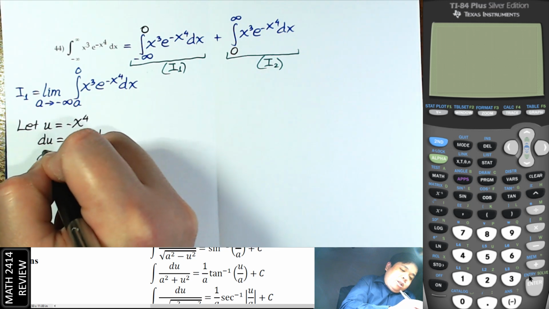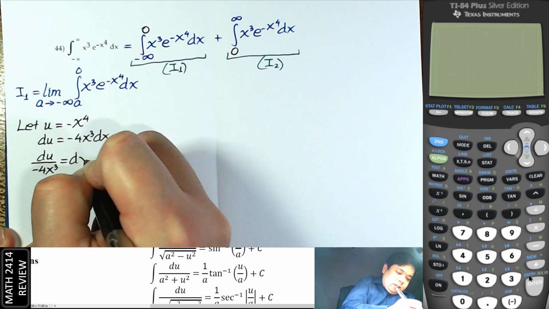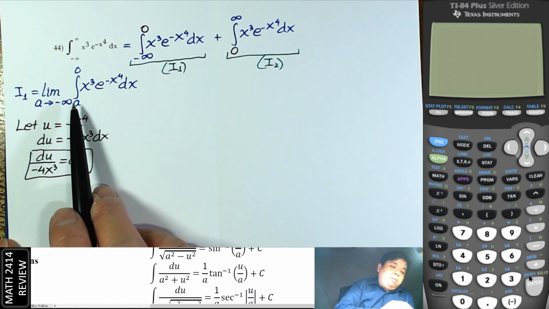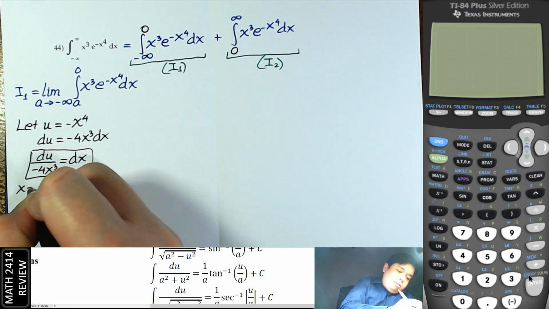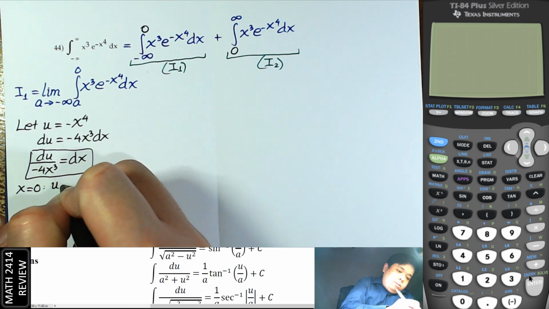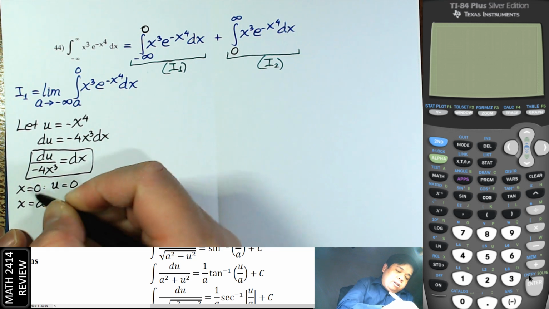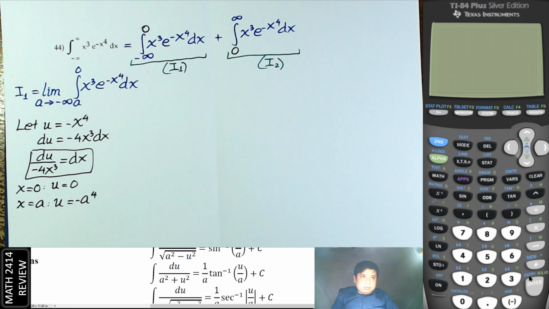Divide by negative 4x cubed, that is dx. Right, the limits go from a to 0. So when x equals a, u is negative a to the fourth, and when x equals 0, 0 to the fourth is still 0.